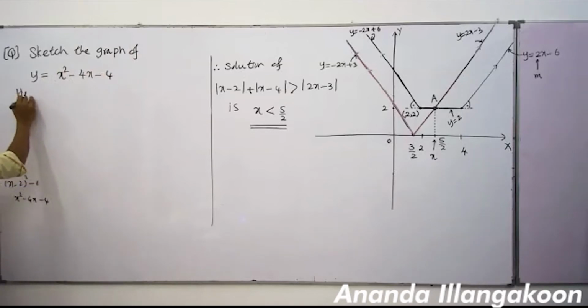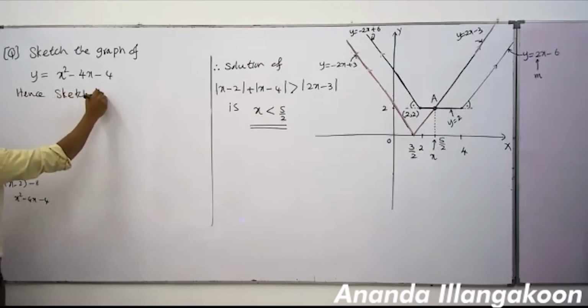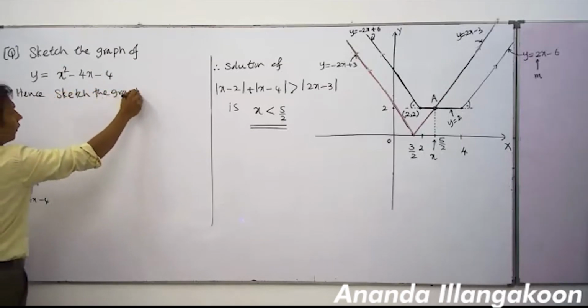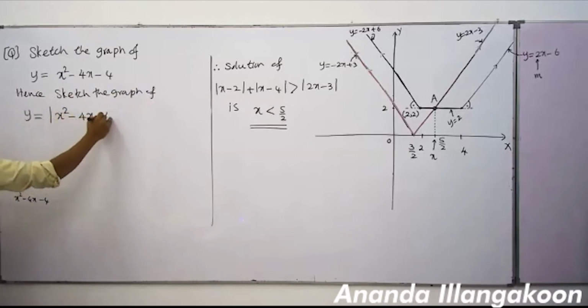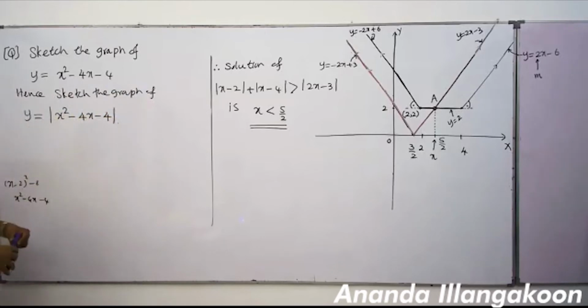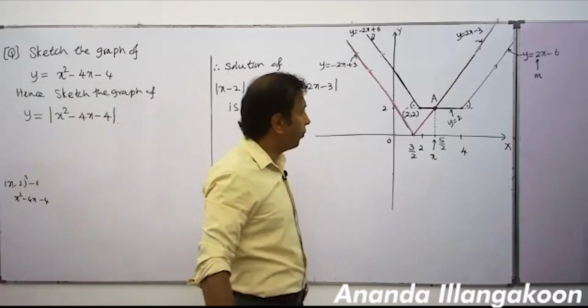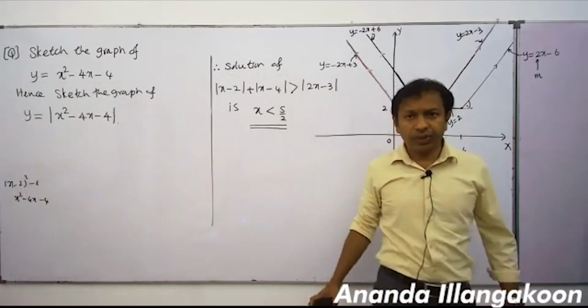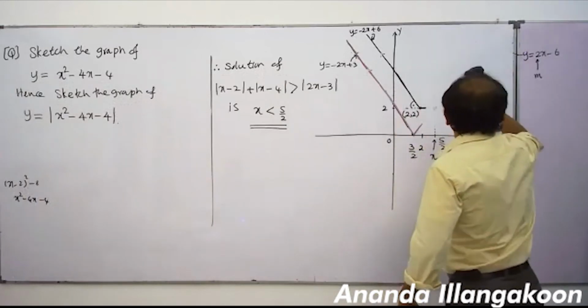Hence, sketch the graph of y equals mod x squared minus 4x minus 4. In quadratic equations, under theory, people, we have learned how to draw a quadratic graph, right? You should have that knowledge here.